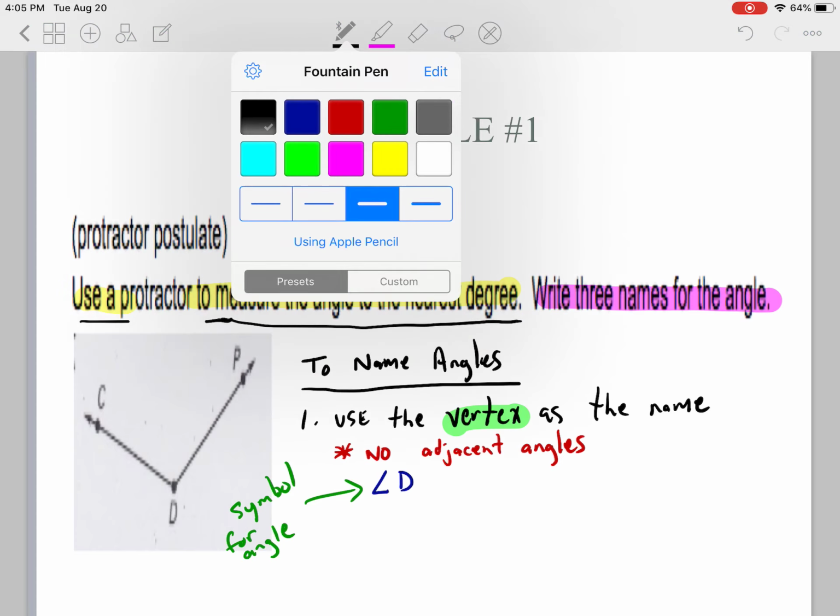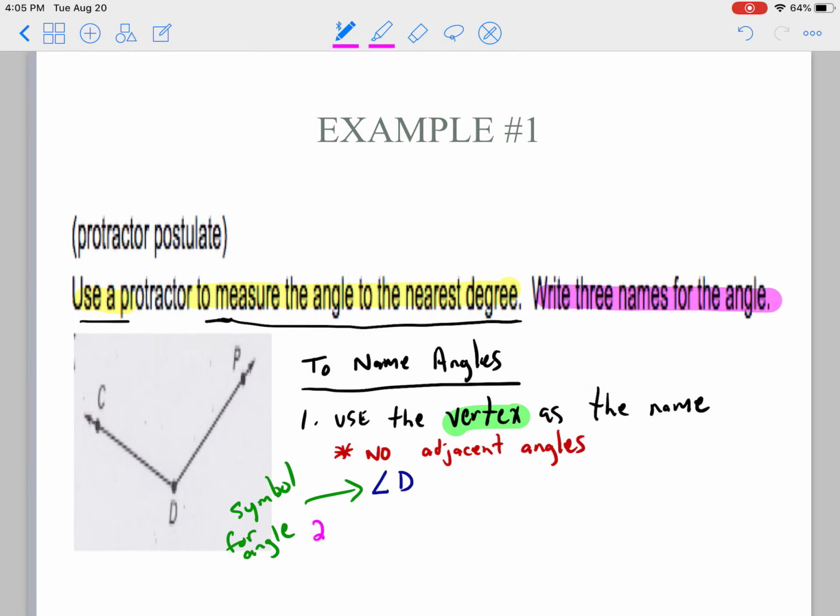Option 2, let's put it in pink. So this is kind of option 2 and 3 because this is both options. It's just reversing the order. And what I mean by that is use the points on the angle.